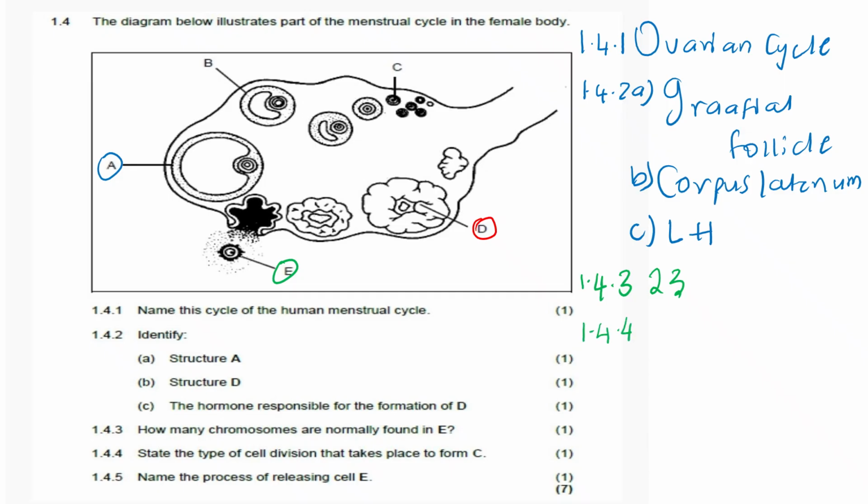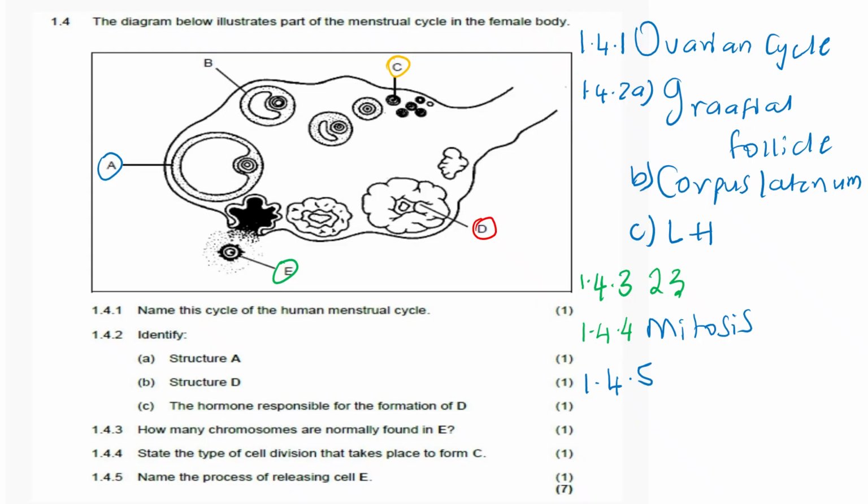State the type of cell division that takes place to form C. The type of cell division is what we call mitosis. Very good.